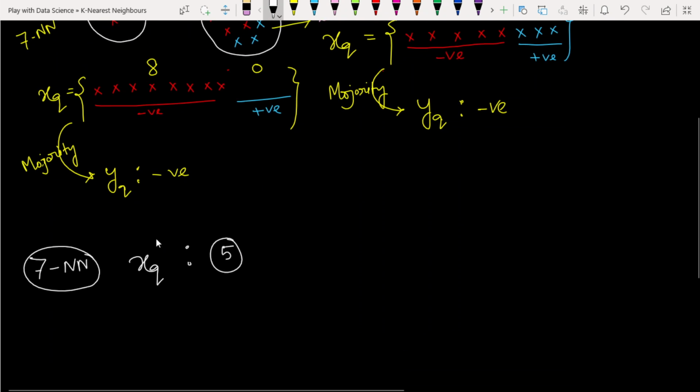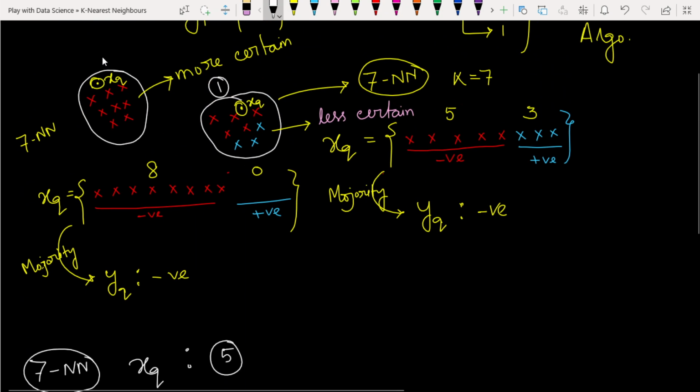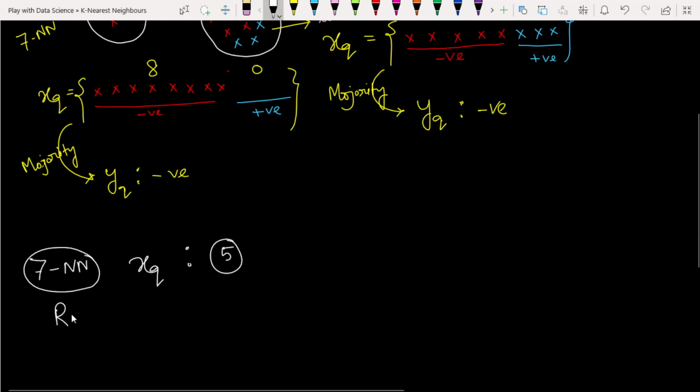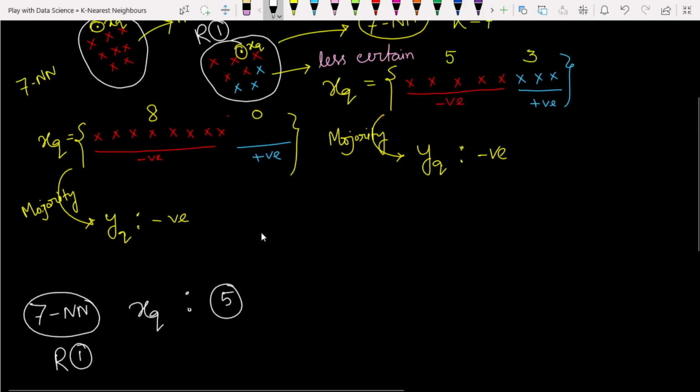If I just consider the first regions, this is region 1, this is region 2, this is the region R, and this is region 2. If we consider the region R first, then what are the negative points?